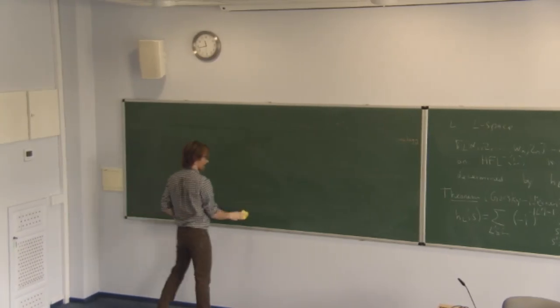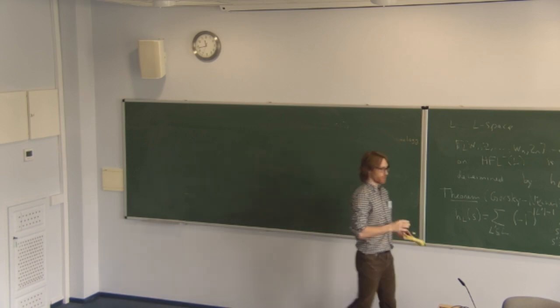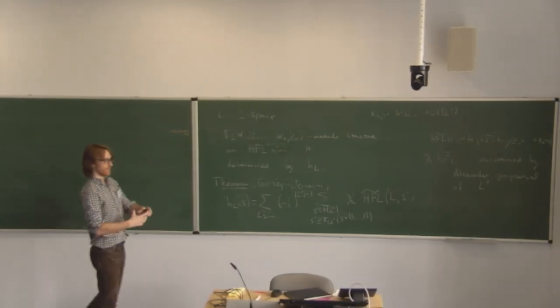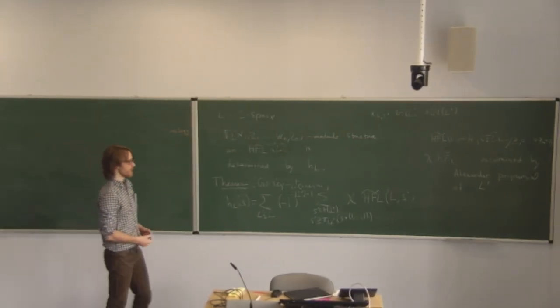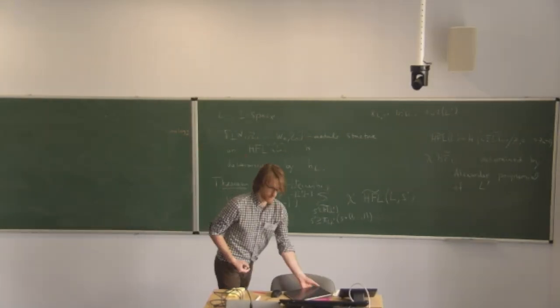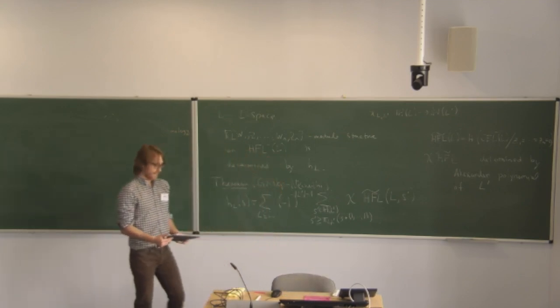For example, the Whitehead link with a suitable orientation is an L-space link, and there are a lot of Maser links, which are two-component L-space links. These come up a lot in Heegaard Floer theory for studying satellite operators.